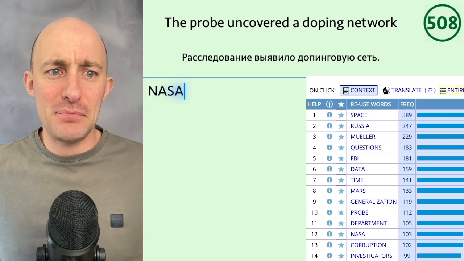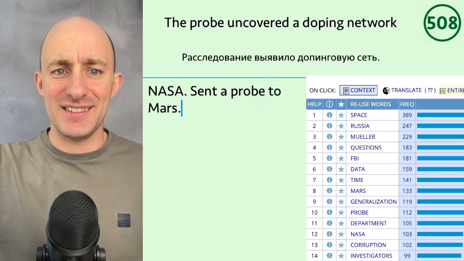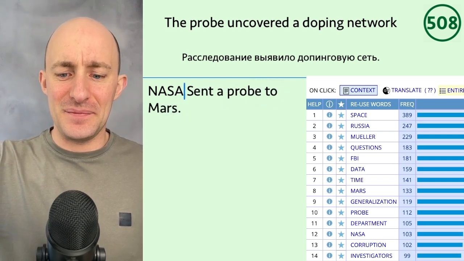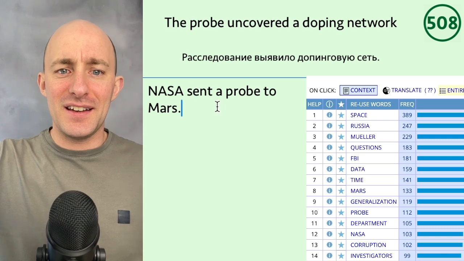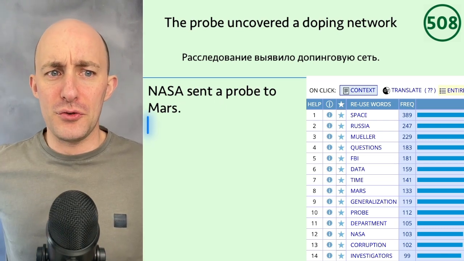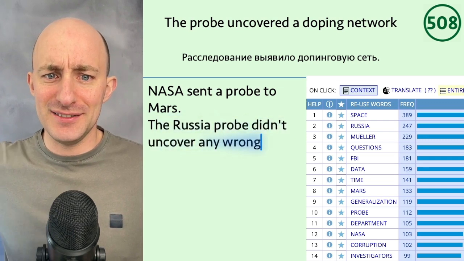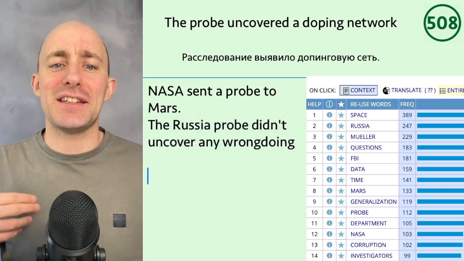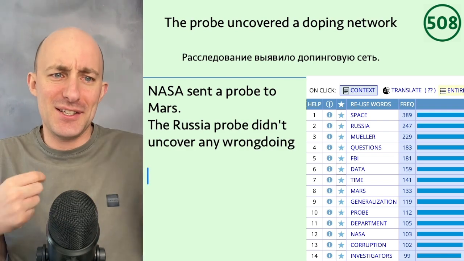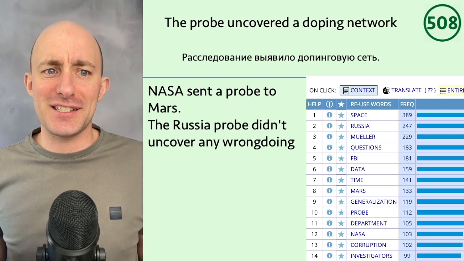NASA sent a probe to Mars. So that's sent into space. But the Russia probe didn't uncover any wrongdoing. So that's the investigation into connections between Trump and Russia after Trump's election in 2016.